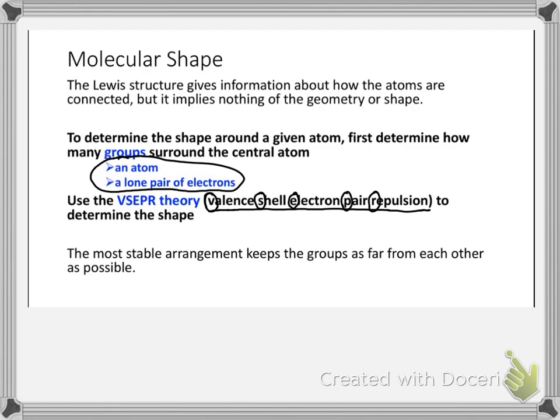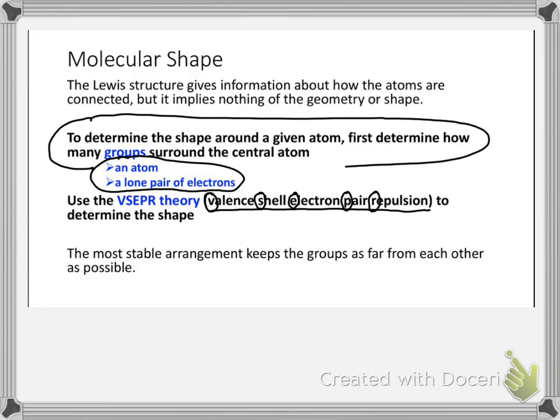So let me have you read this. To determine the shape around an atom, and we're talking about the central atom in our case, determine how many groups are around it.